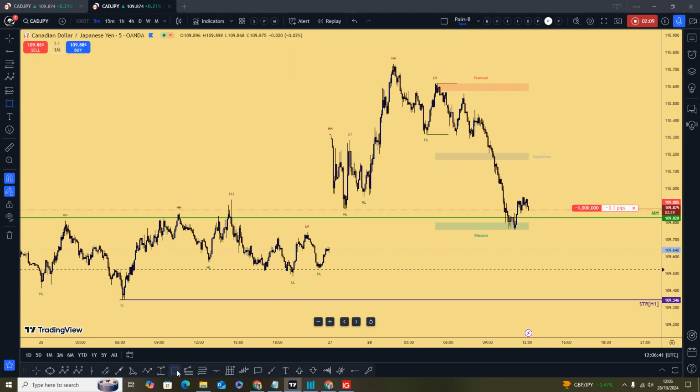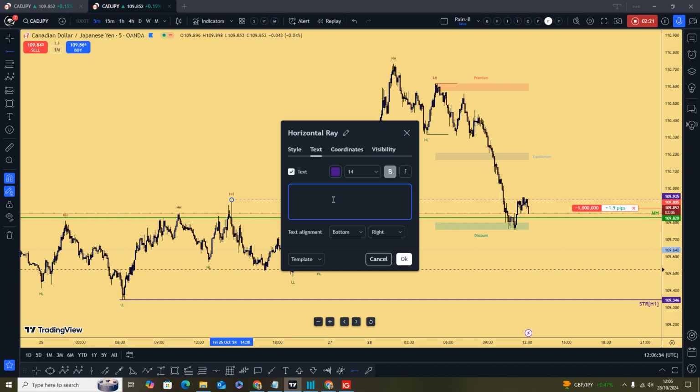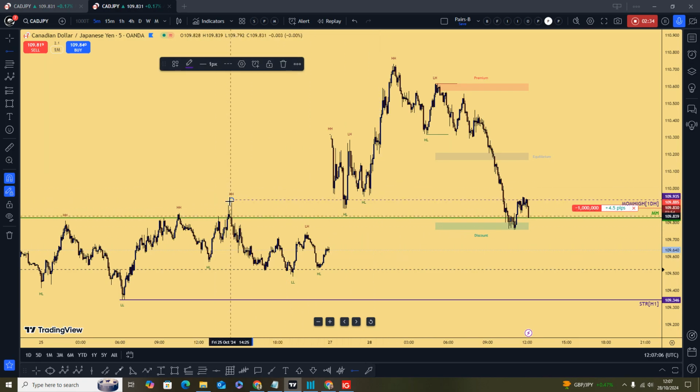I'm just going to highlight this price point, reduce the size, and use a dash line so I can label it. And that's the 1 daily high, momentum high.